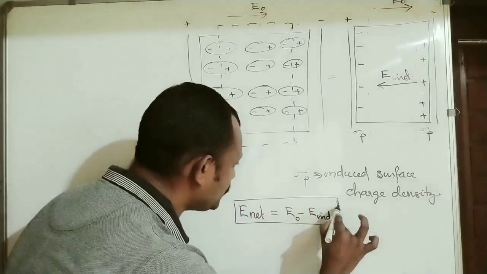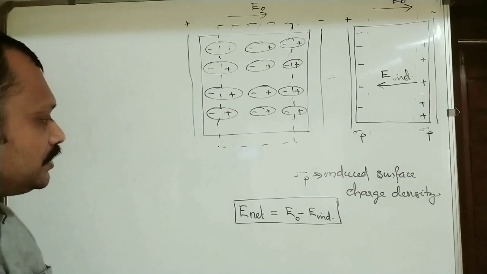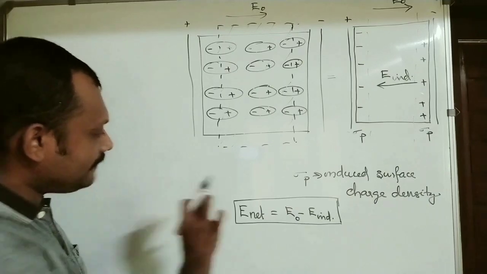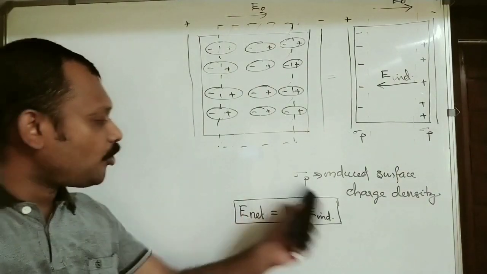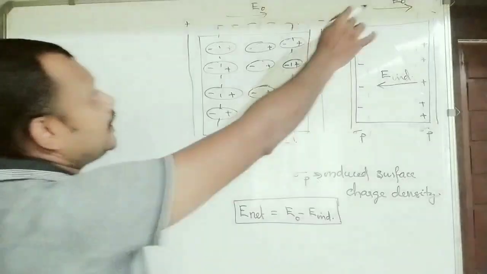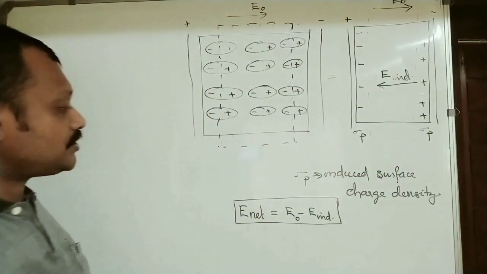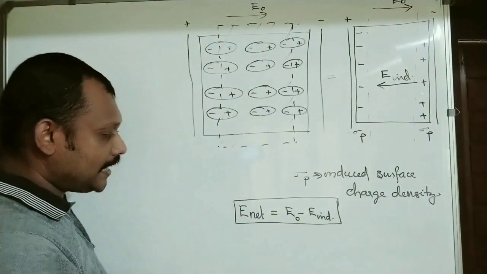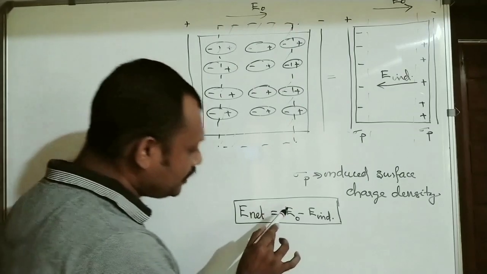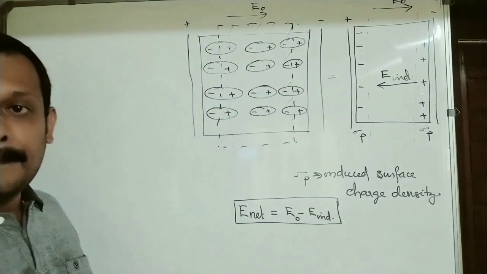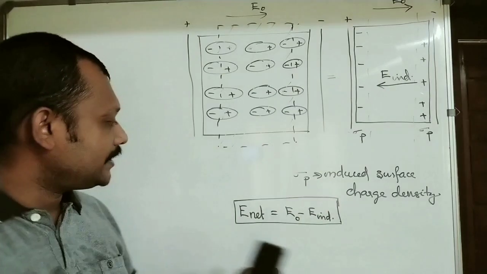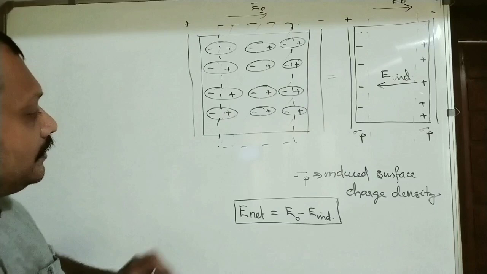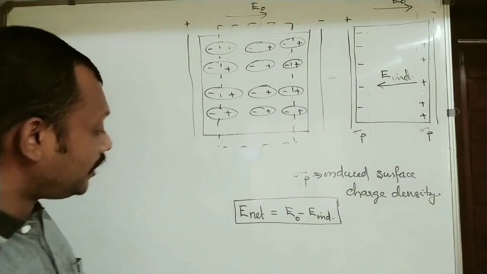What is E0? E0 is the applied external field. And what is E induced? It is the field induced inside a dielectric. Hence, the net field inside a dielectric is E0 minus the induced electric field, E induced. So this is an important point you have to understand.